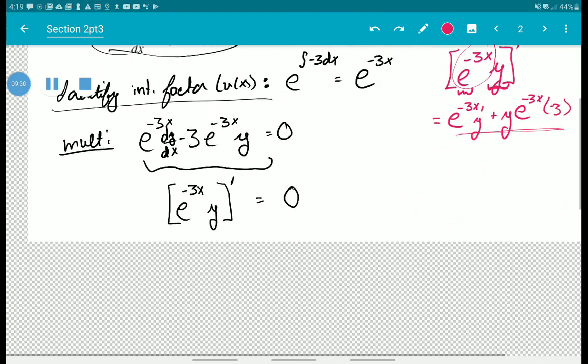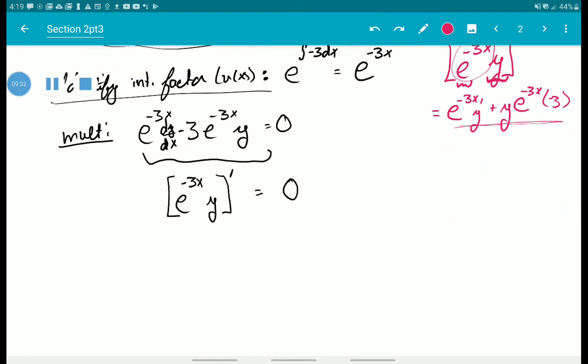And now that we have that, if we want to integrate, we can multiply both sides by dx. And then we can integrate both sides. Integrating something I want to take the derivative of, those are opposite ideas. So we are left with just that integrand, e to the negative 3x times y.